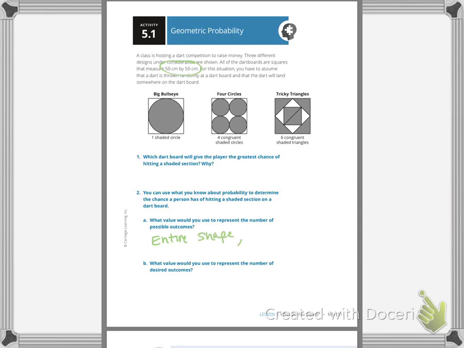In this situation, it's everything in my square. The ones I want, my desired ones, is all of my shaded shapes.